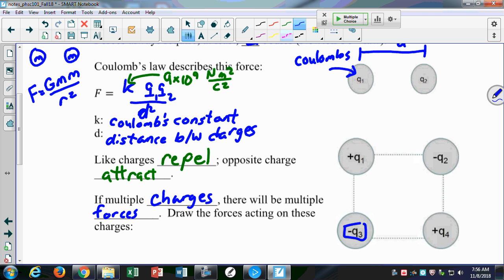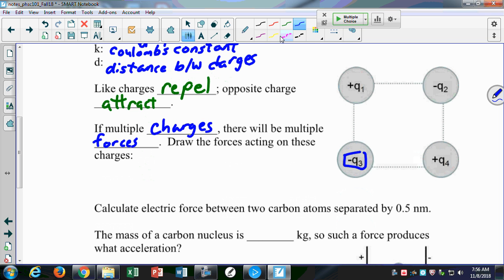You would look at each particle, realizing that q3 is negative, q1 is positive, so that means there's going to be an attractive force. I'm going to call this F31. That's the force on particle 3 due to particle 1. What about the force due to particle 2? That would be F32.